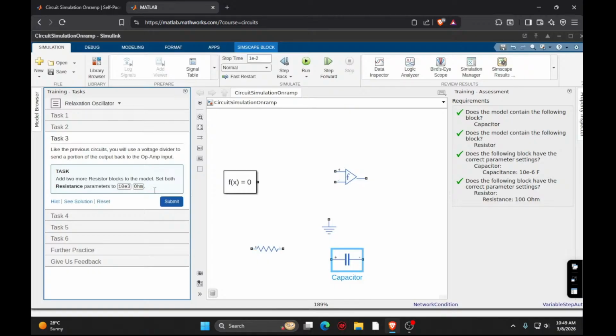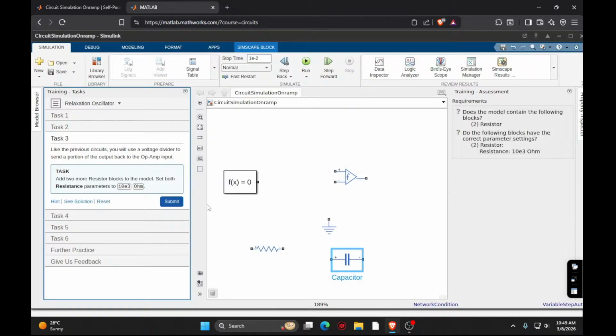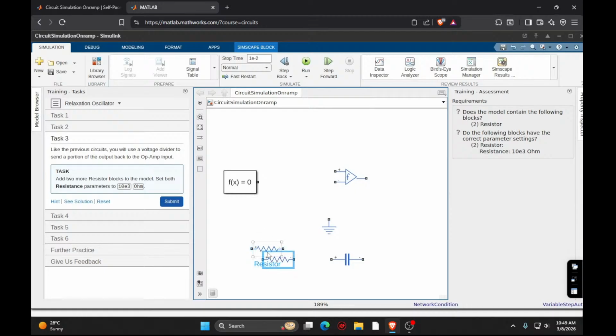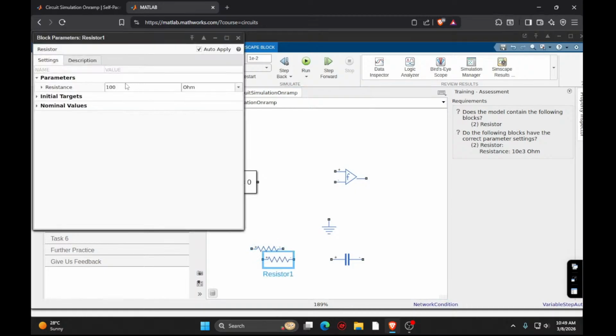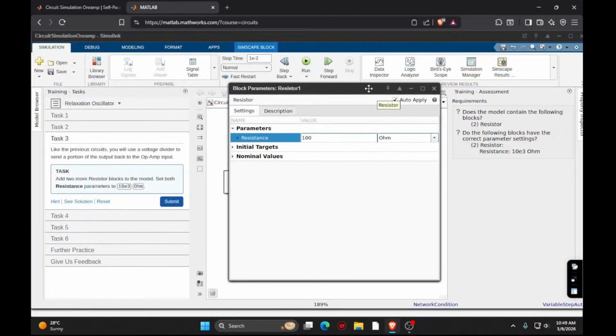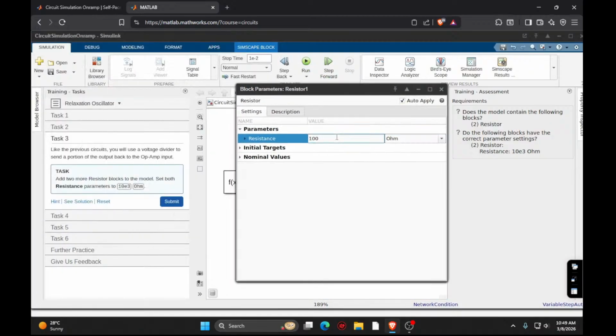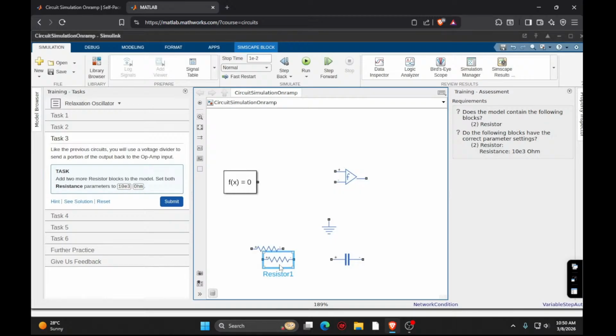Add two more resistor blocks to the model and set the value for both with this. E3 means 10 kilo ohms. Next.